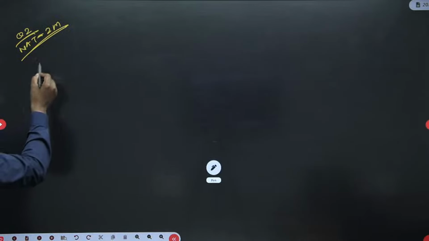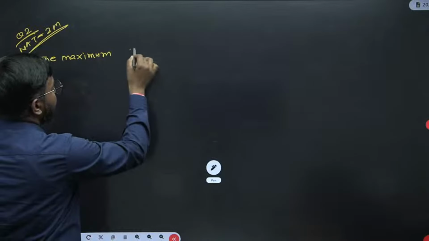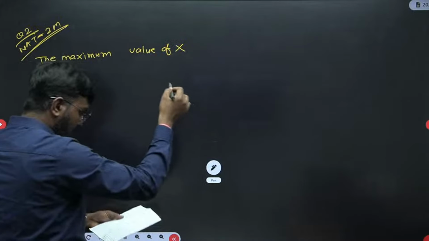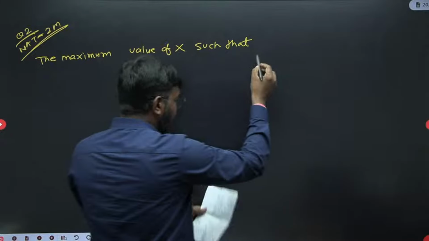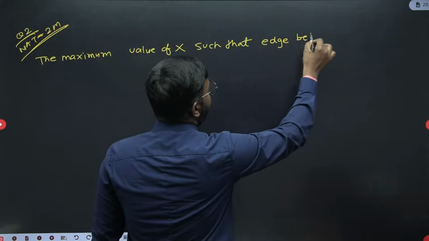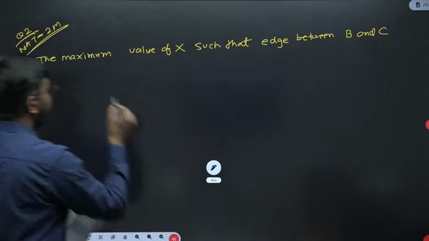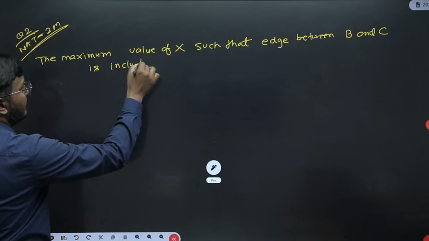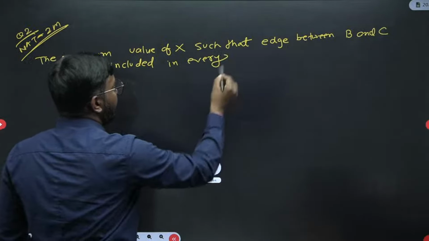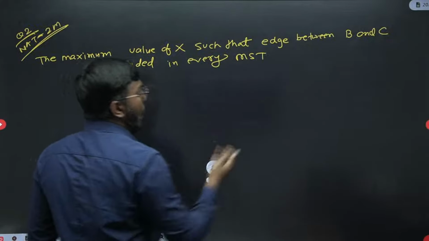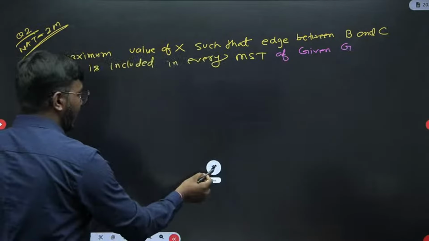The question was: the maximum value of x such that the edge between B and C is included in every MST, minimum spanning tree, of the given graph G.